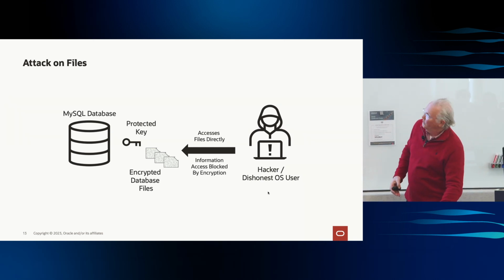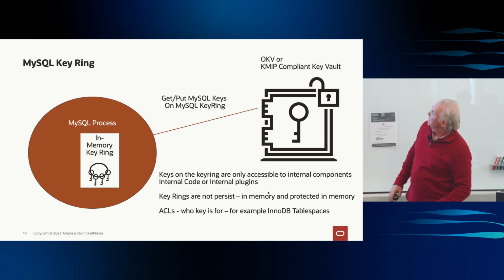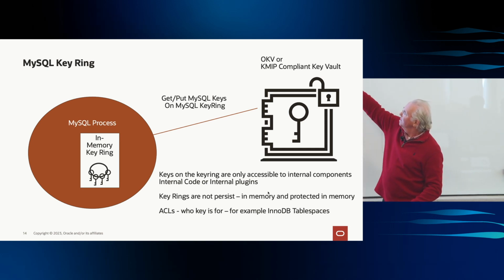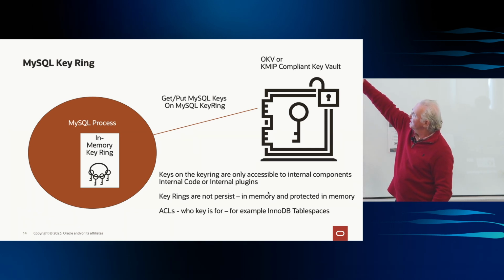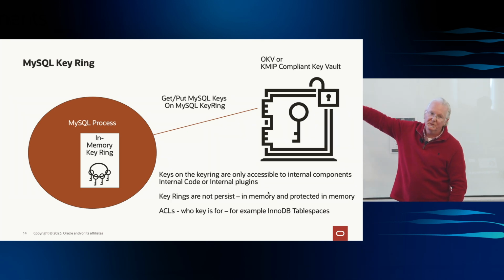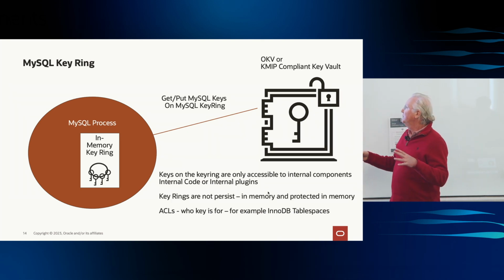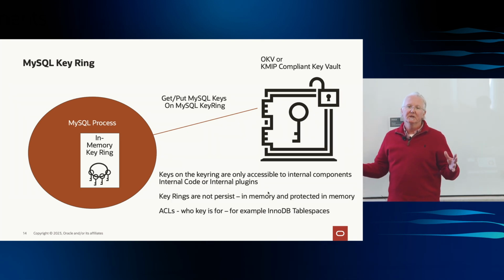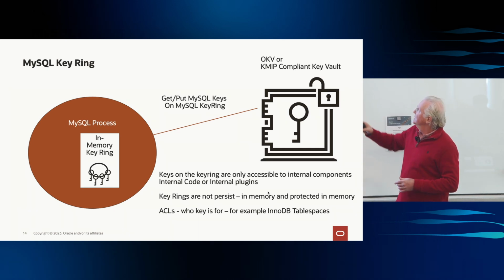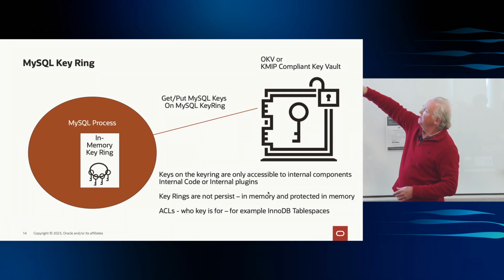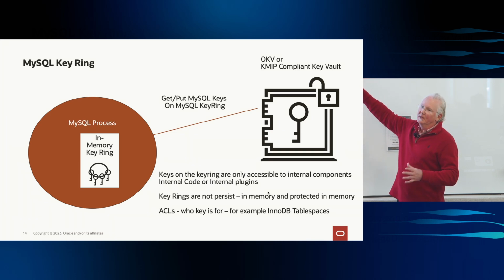So you want to encrypt that data. And you really should put the keys on a keyring that's inside memory, so the key is never on the file system. It's only on OKV or Gemalto or HashiCorp or OCI Vault or AWS Vault.